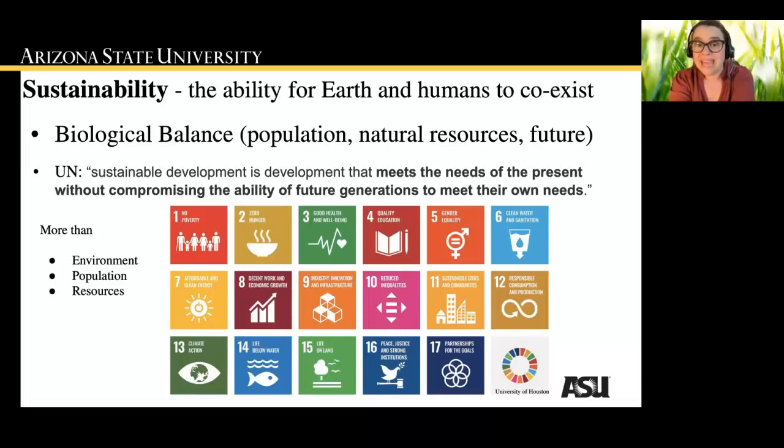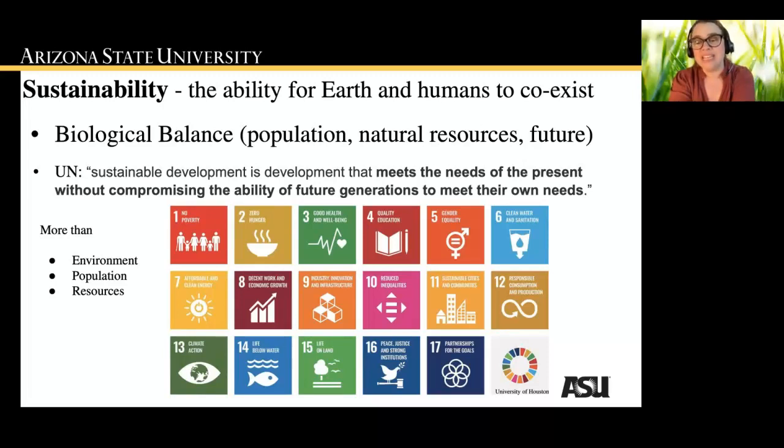No hunger, good health and well-being, quality education, gender equality, clean water and sanitation, affordable clean energy, work and economic growth, industry, innovation, and infrastructure, reduced inequality all the way around, sustainable cities and communities, responsible consumption and production, climate action, paying attention to the life below water and life on land, as well as peace, justice, and strong institutions.